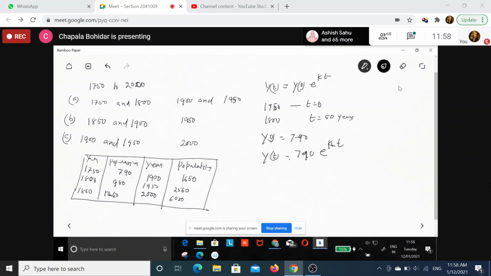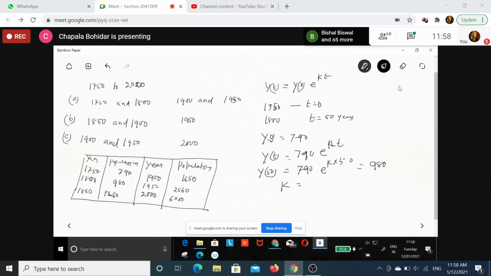When t is equal to 50, y of 50 is equal to 790 e to the power k into 50, is equal to what is given? 980. So what is the value of k? Find out here.